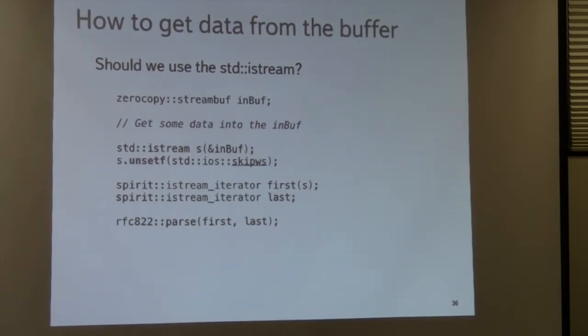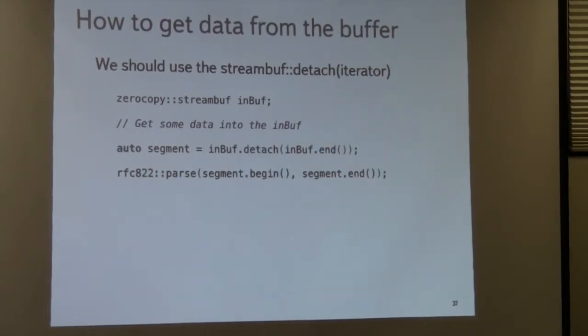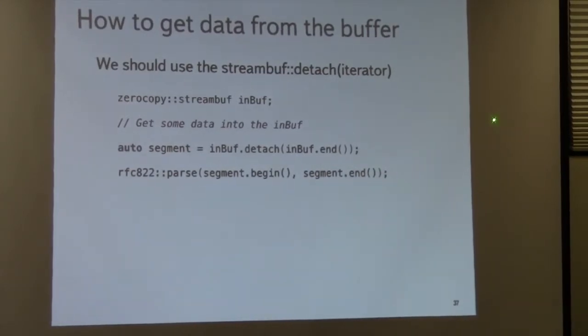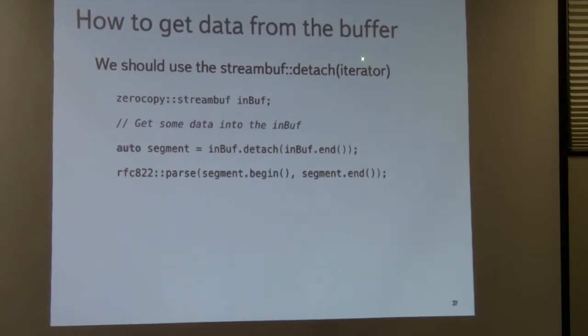Yes, and we provide our own interface to access data. This is the detach method. It detaches the number of fragments before the iterator. The end iterator of the buffer points to the end of received data.